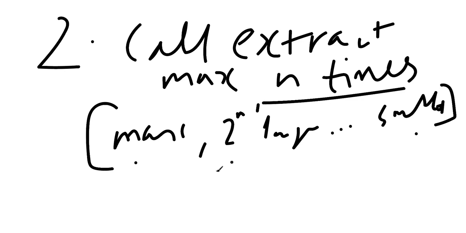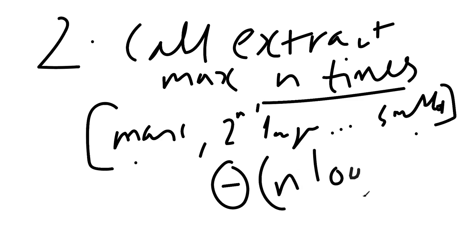So this is going to be theta of n log n time, because we built the max heap in linear time, and we have n log n time to do this extract max stuff. Overall, it's going to be theta of n log n for this heap sort.